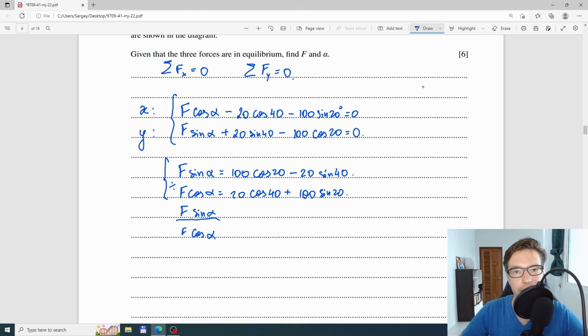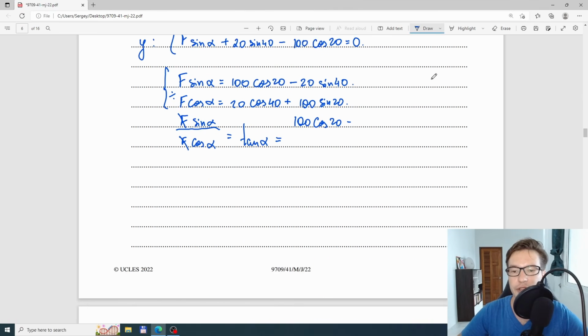F cancelled out, and sine alpha over cosine alpha, that's going to be tangent alpha. Now let's divide the right side by the right side. So I get 100 cosine 20 minus 20 sine 40 over 20 cosine 40 plus 100 sine 20.